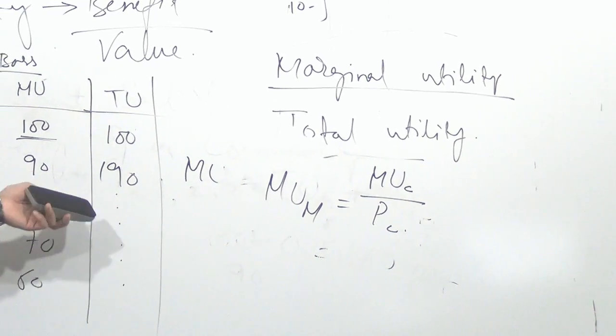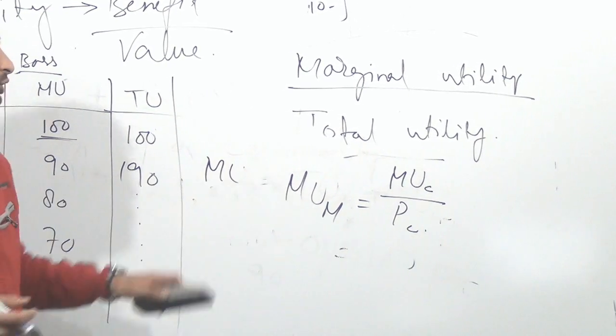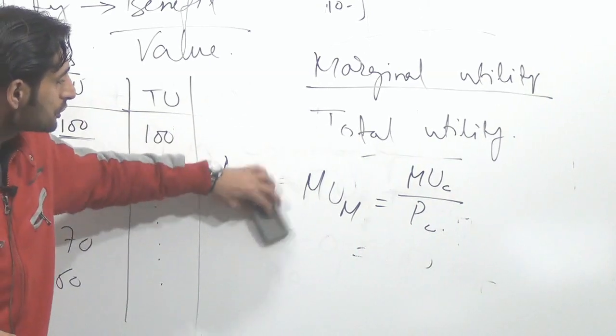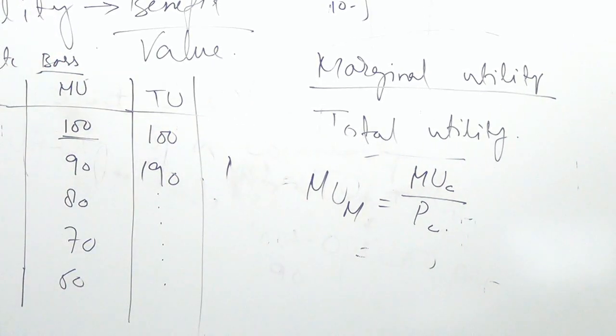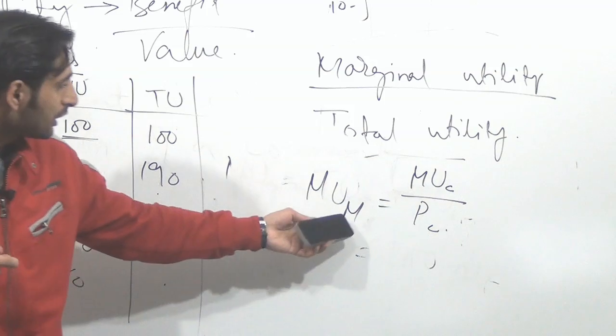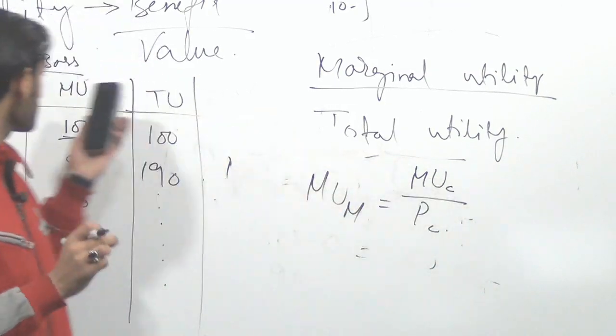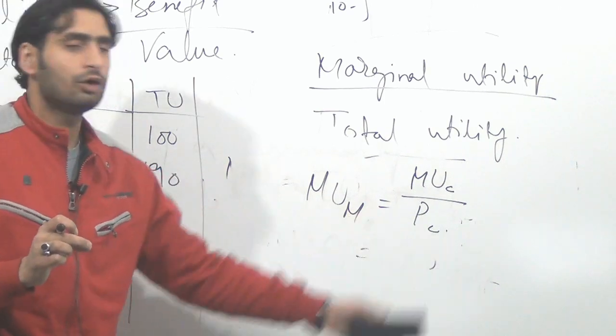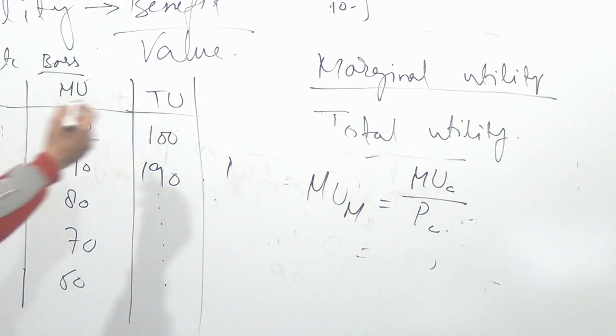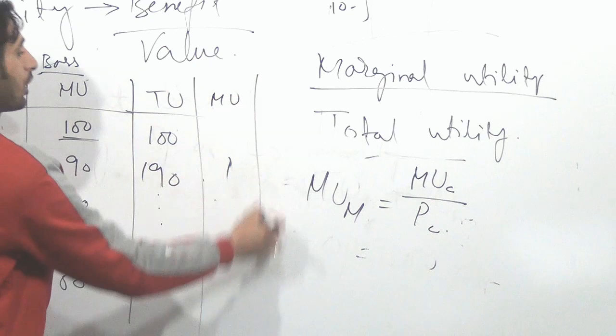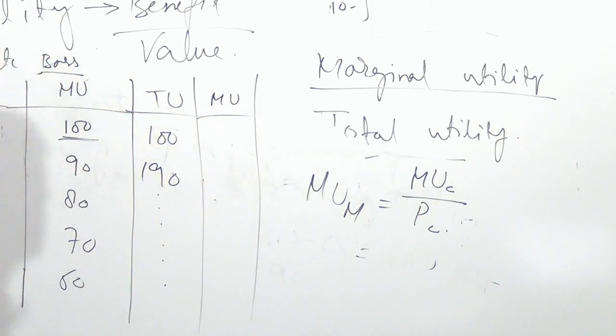So whenever we talk about the marginal utility of anything, that is the unit change. I am here talking now about the marginal utility of the chocolate bars I am consuming and the price of chocolate bars. What will be the marginal utility of money for me here in case of these chocolate bars?